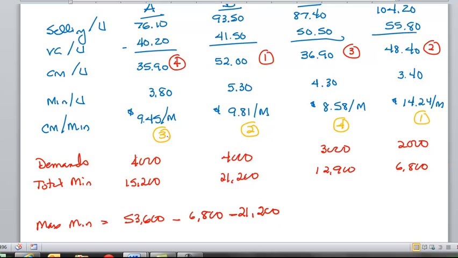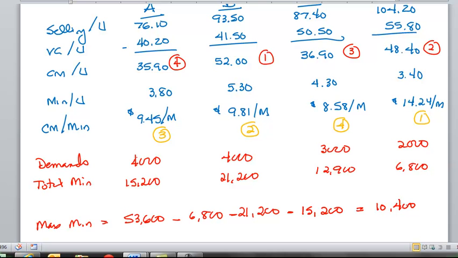So far we're at 28,000. And then 53,600 minus 28,000, we still have 25,600. That's more than enough for A, which is our third priority. So we can subtract the 15,200. When we do that, we're left with 10,400 minutes.